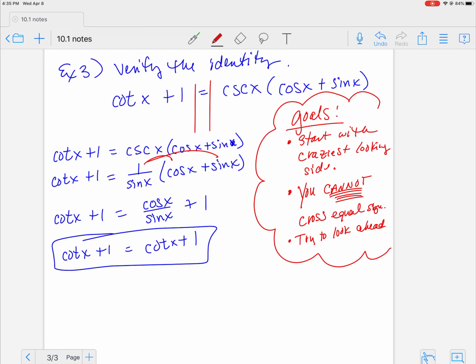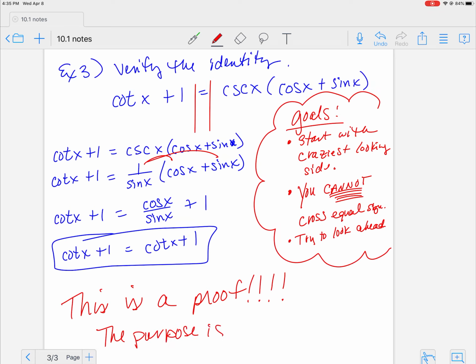You cannot stop it early. You cannot shortcut steps. All right? A little bit of shortcutting steps, but you need to write it out. This is a proof. A proof is you telling me how you got there.